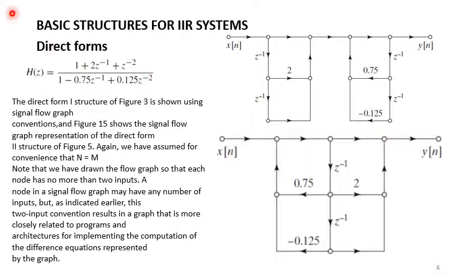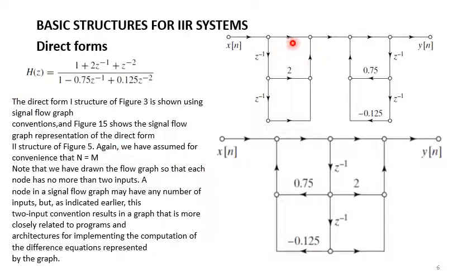So this is the system function, and we want to implement the signal flow graph. We have done this using the direct form 1, or we can also do it using the direct form 2 structures.